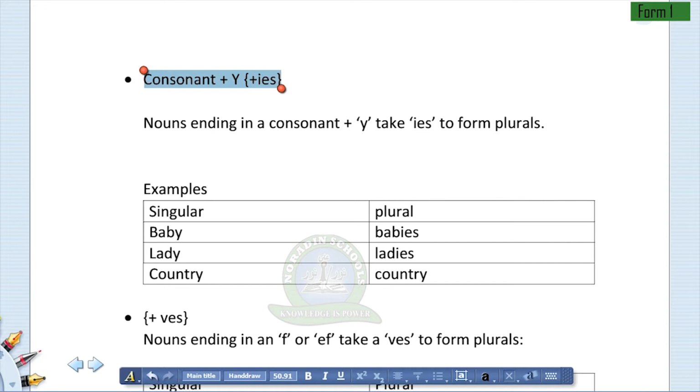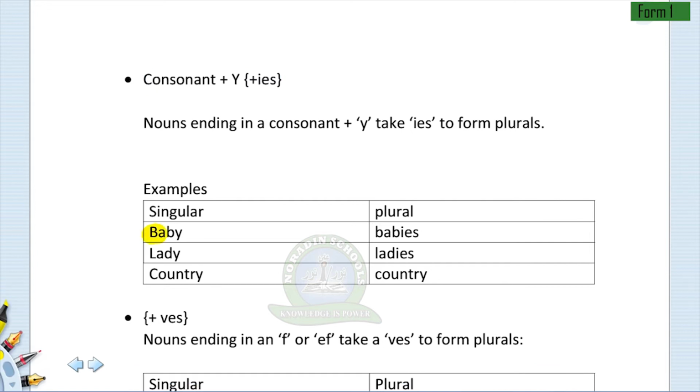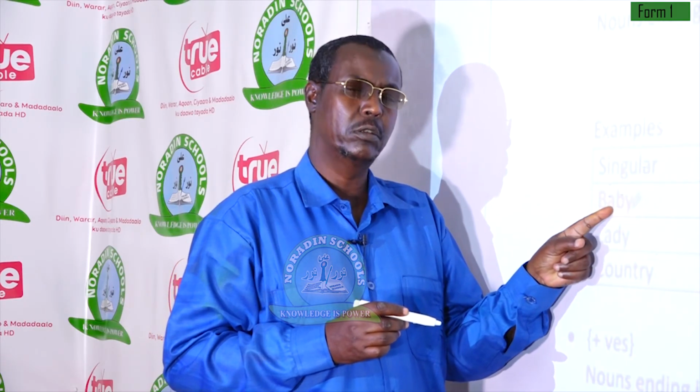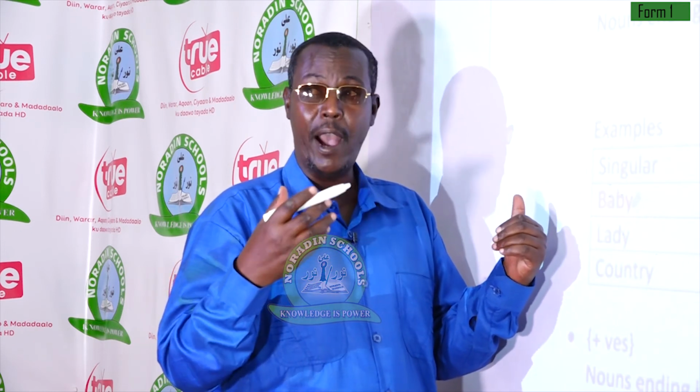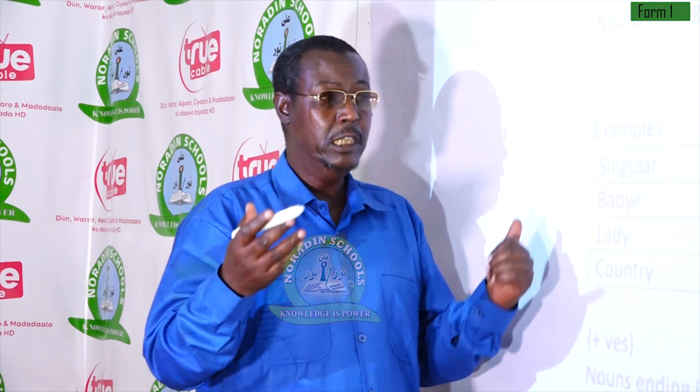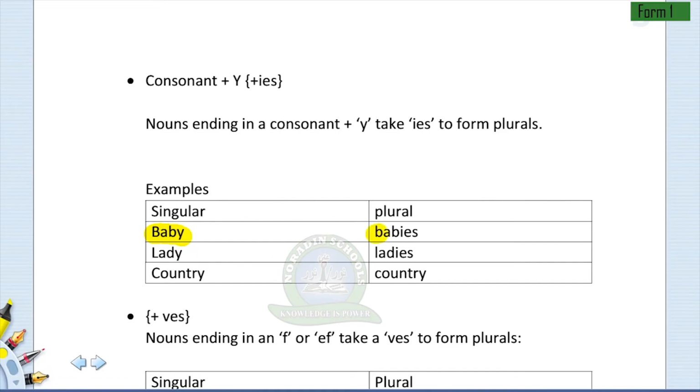For example, baby. Here we have y preceded by a consonant b. Therefore, we change y to i and we add es. It becomes babies. Lady, this word ends with y, but before the y we have consonant d. So it becomes ladies.